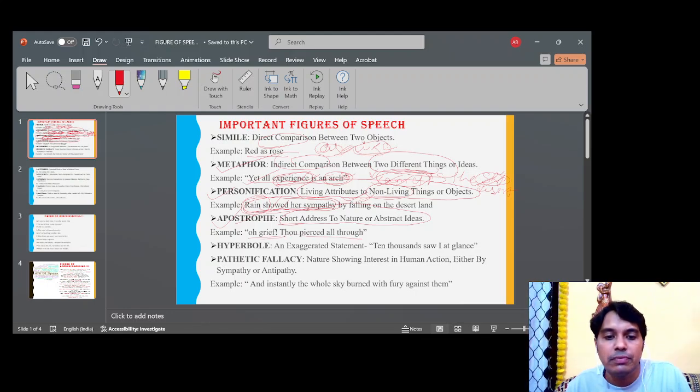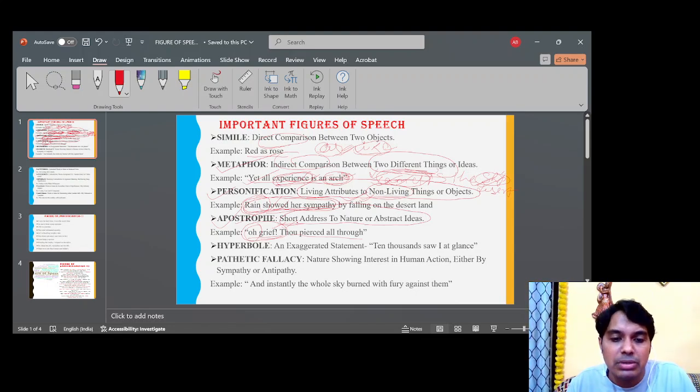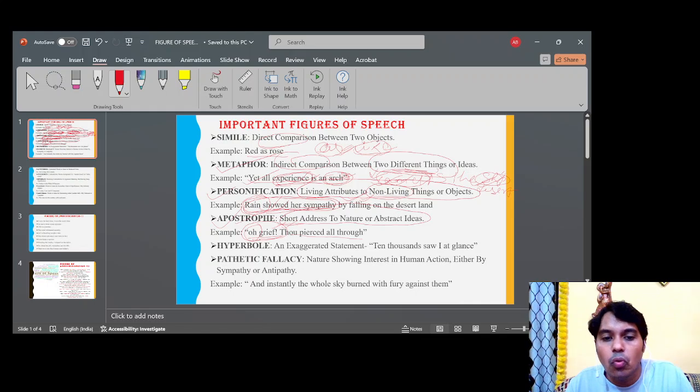So O grief, here grief is an abstract quality, and this apostrophe or short address is being made to grief. Similarly, if I say O joy, or oh disappointment, you killed me thoroughly. So that way a feeling, in the form of a short address, is made to inanimate or rather abstract qualities. So here the example is: oh grief, thou pierced all through.